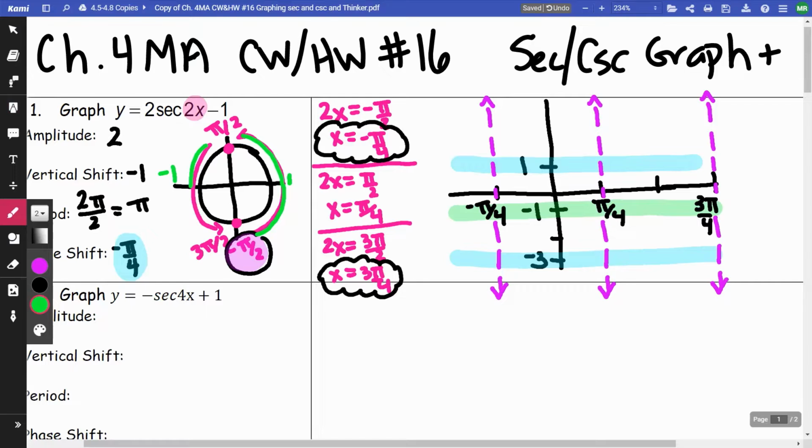So what that is letting us know is that when I'm graphing this, I am going to be starting here at the 1, down here at the -3, and this is going to be opening up. And this is going to be opening down.